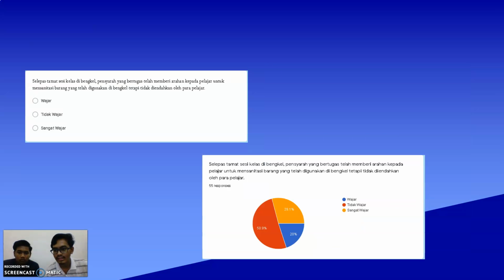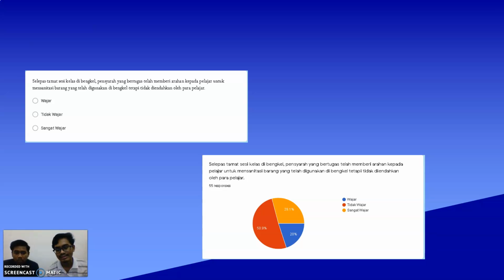This is the last question of section 2, the negative situations. Selepas tamat sesi kelas di bengkel, pensyarah yang bertugas telah memberi arahan kepada pelajar untuk mensanitasi barang yang telah digunakan di bengkel tetapi tidak diendahkan oleh para pelajar.